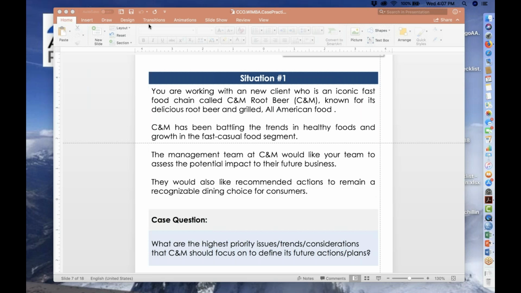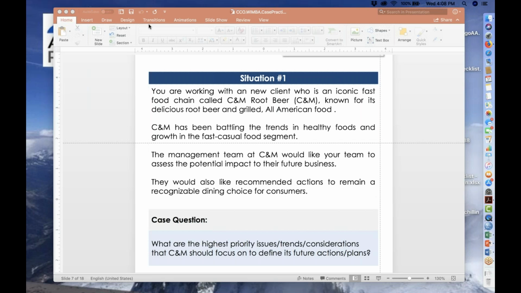They want to know if this is something that essentially they should be thinking about related to the future of their business. Ultimately, they would be heading towards some recommended actions to stay a recognizable dining choice for their customers.